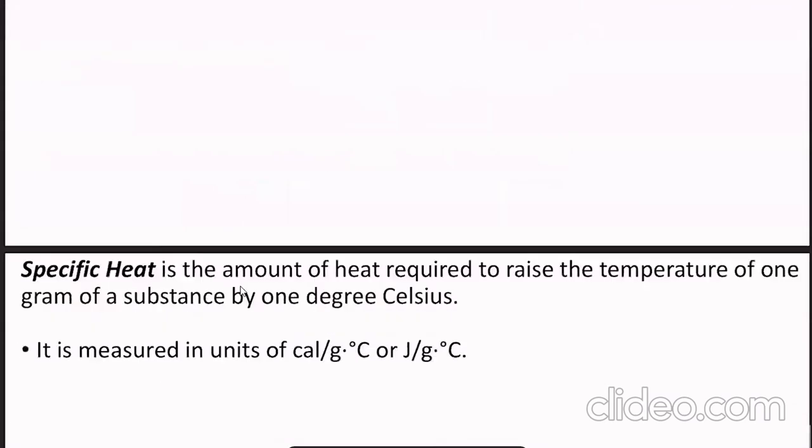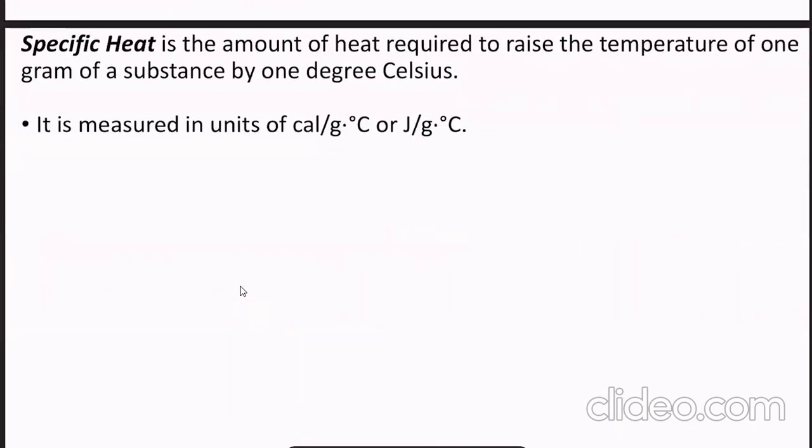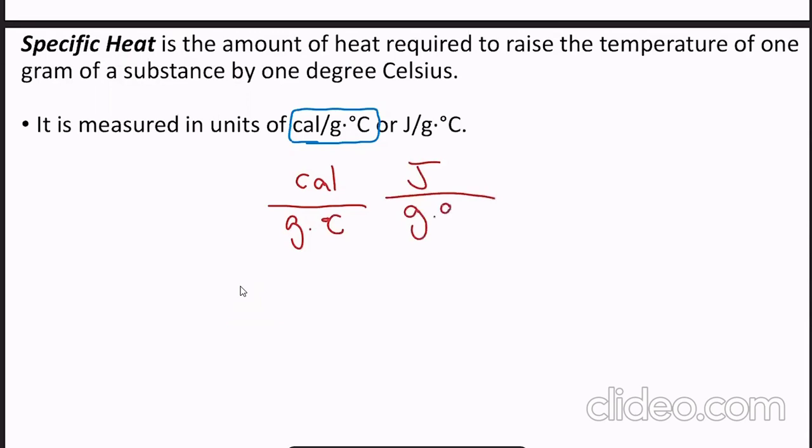Now, when we talk about something we call specific heat, in calories per gram degree Celsius, let me use the small c here, calorie over gram degree Celsius, or joules over gram degree Celsius. Right. So we talk about specific heat.